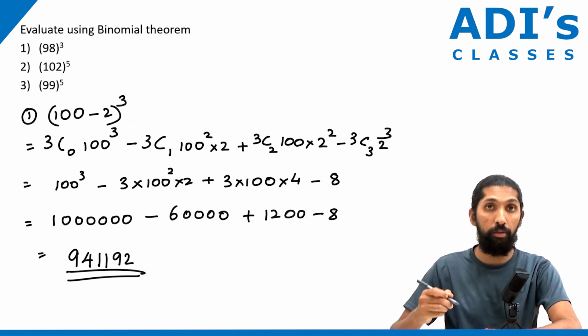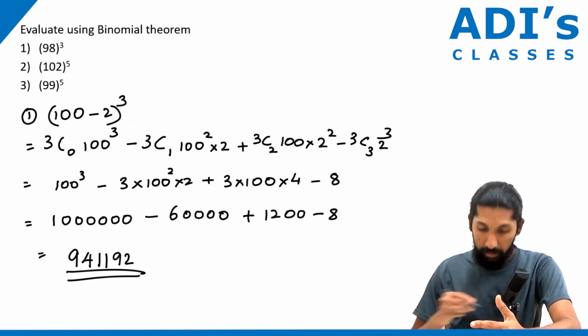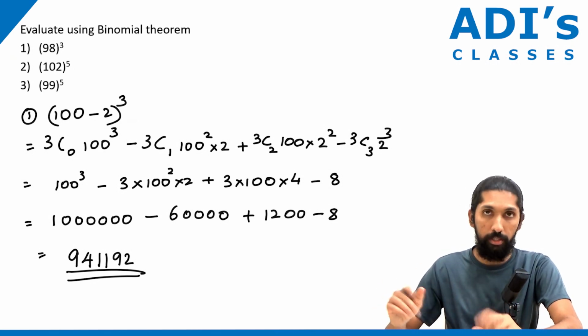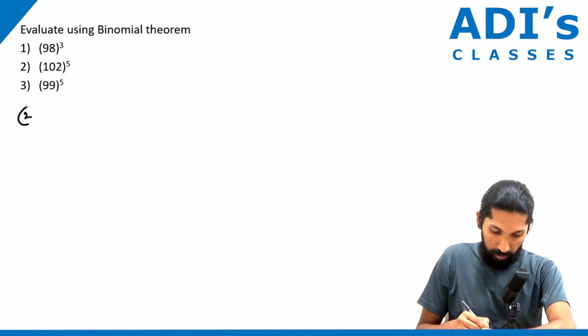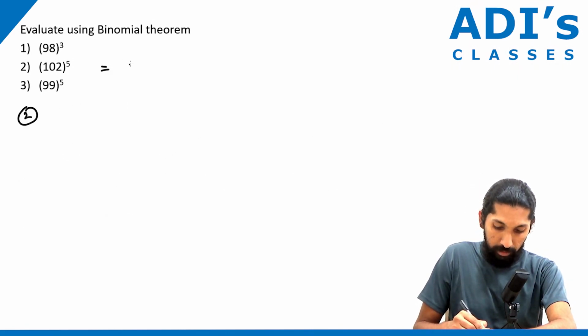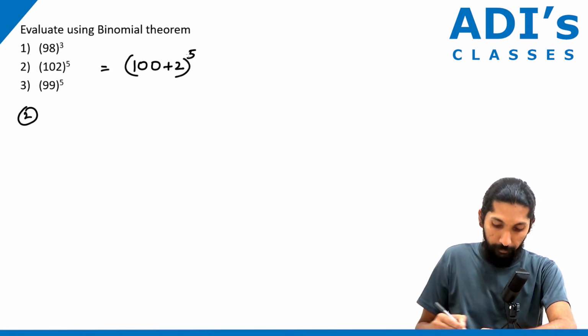Now let's do 102 whole power 5. Again the same logic, guys. There is no change at all. Okay, let's do the next one. See here what you have is 102, so let's make this as 100 plus 2 whole to the power of 5.